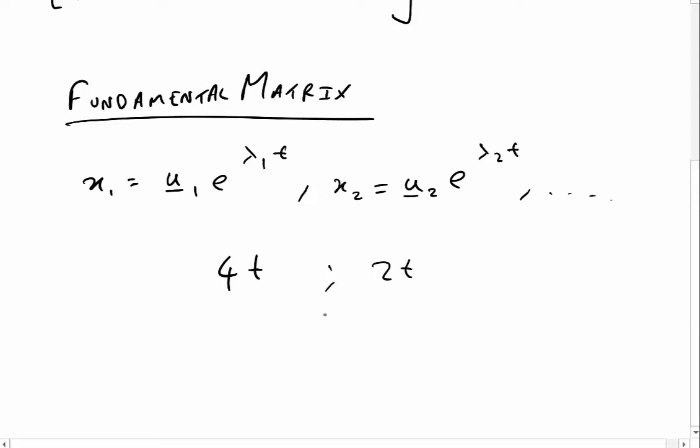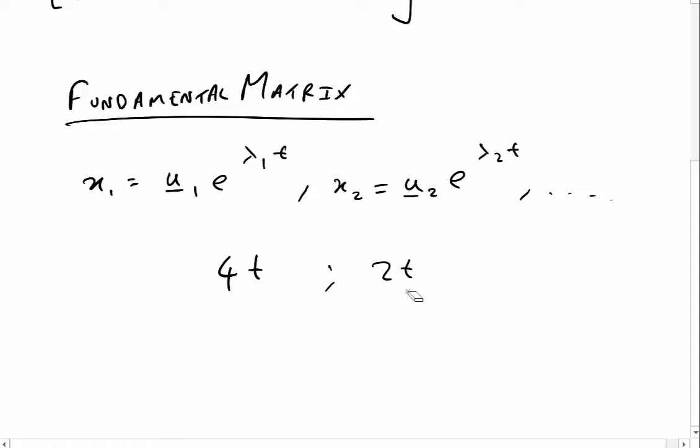So these are my two solutions, okay. Fairly obviously, this would be linearly dependent, not linearly independent. Why? Because I can break 4t down in terms of 2t. 4t is 2 times 2t. So I can write one of the solutions in terms of the other solution.